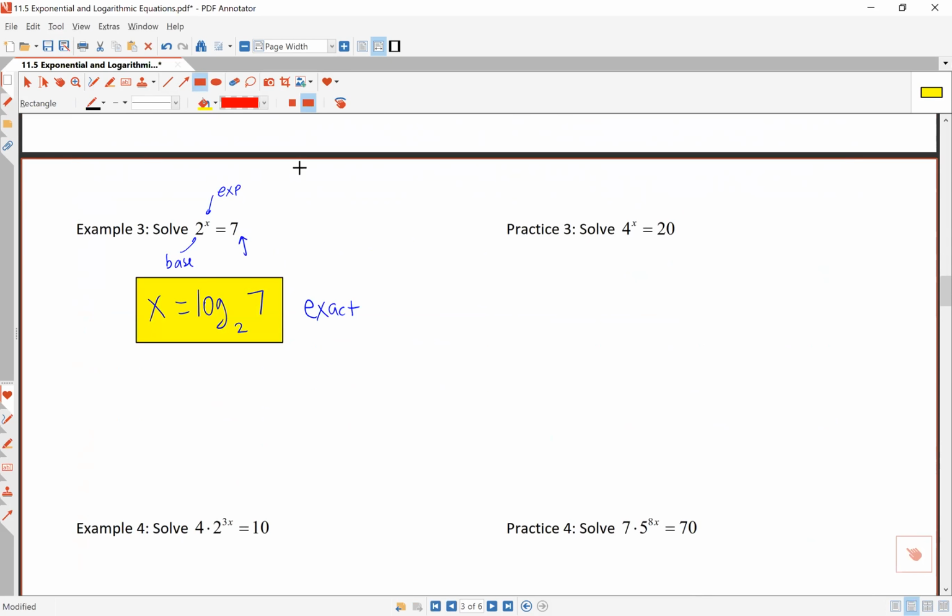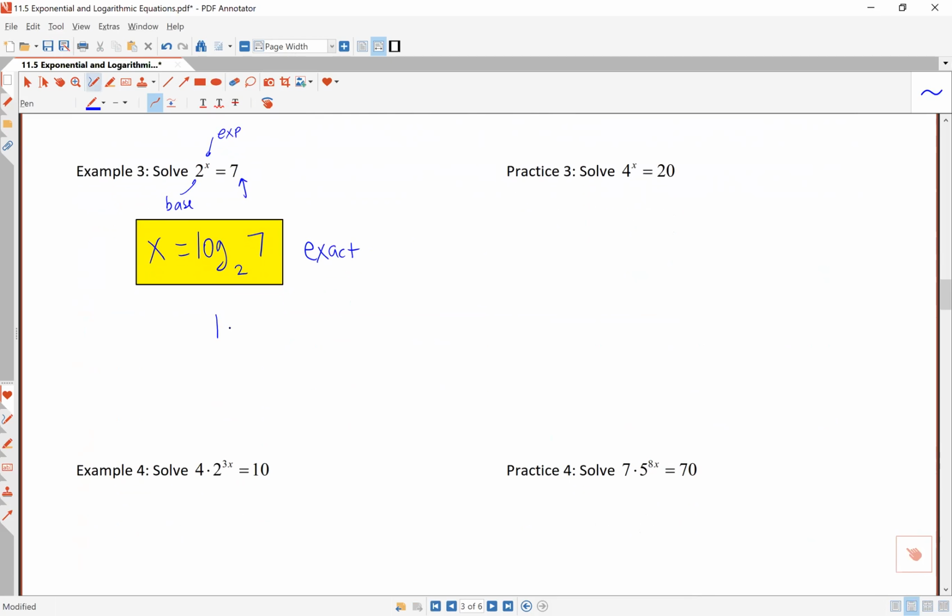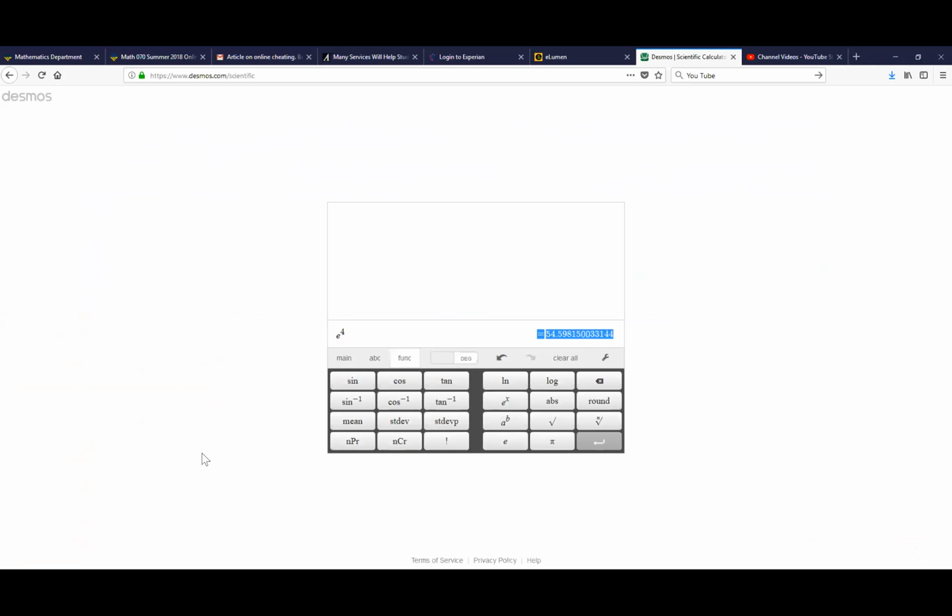If we need to estimate it, we go right to the change of base formula, log of 7 over log of 2, and estimating that, log of 7 divided by log of 2 gives us 2.807.